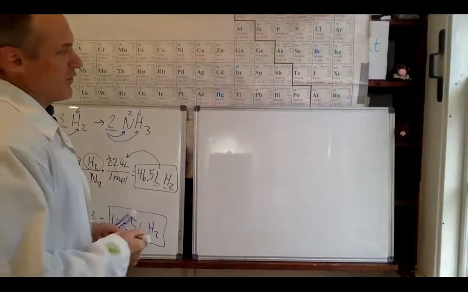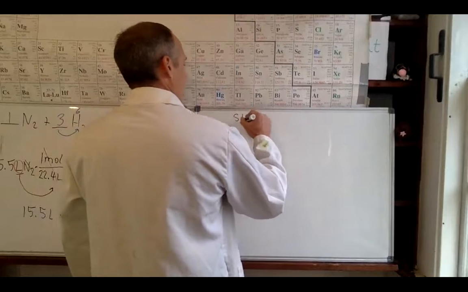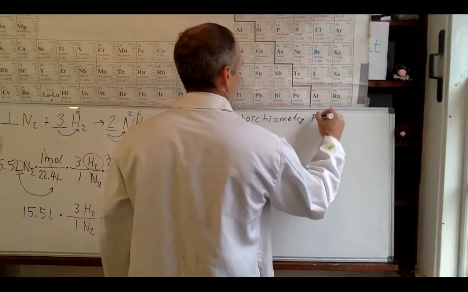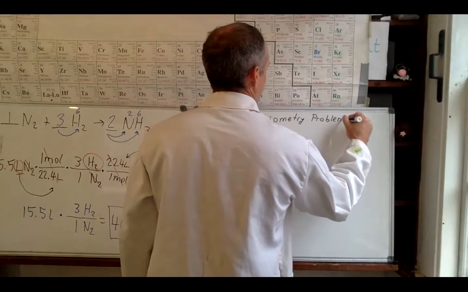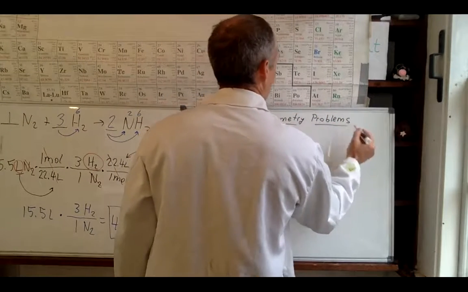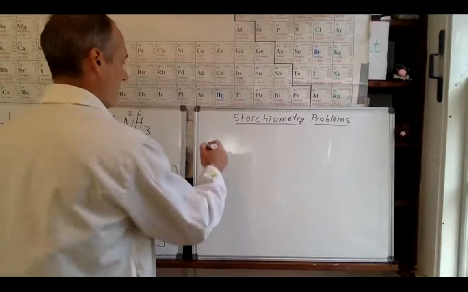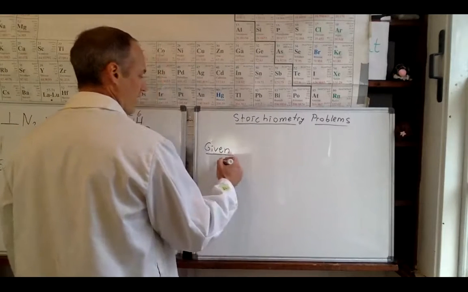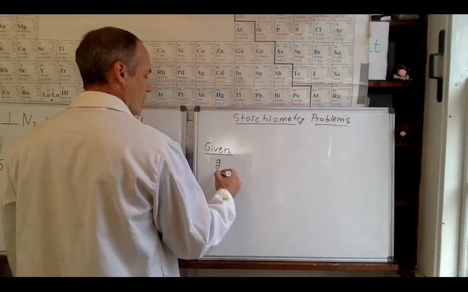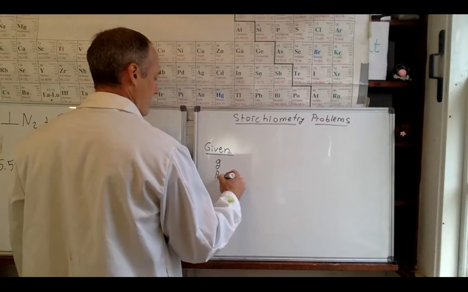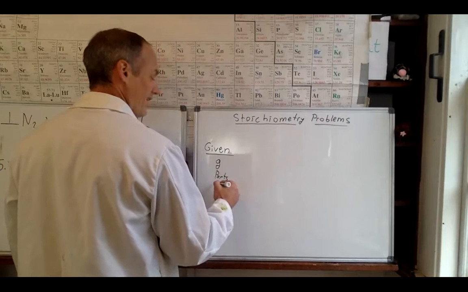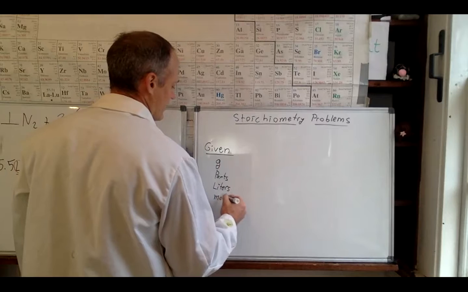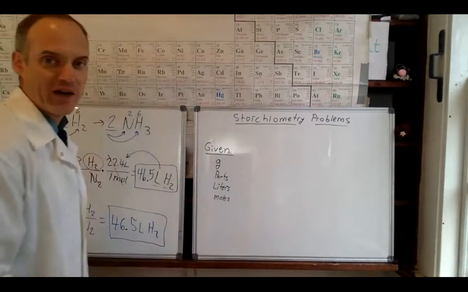All right. So with stoichiometry problems, you're going to be given something in grams, something in parts, something in liters, or maybe it's already given to you in moles, okay?